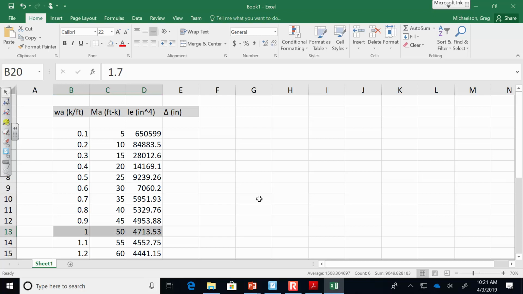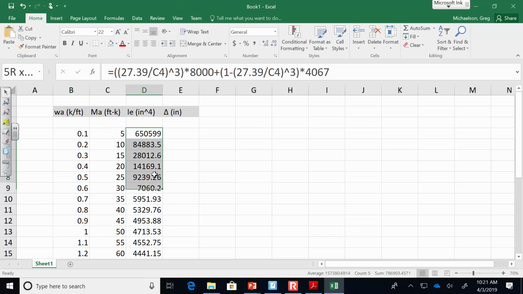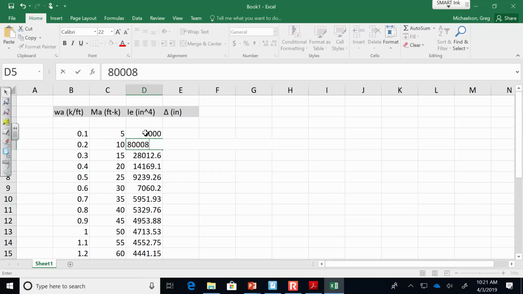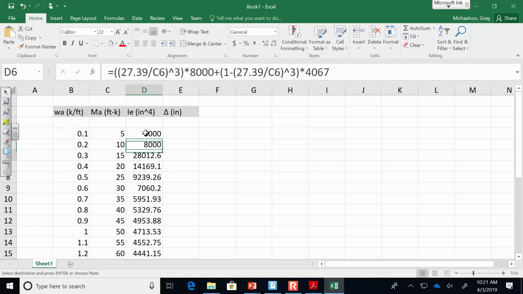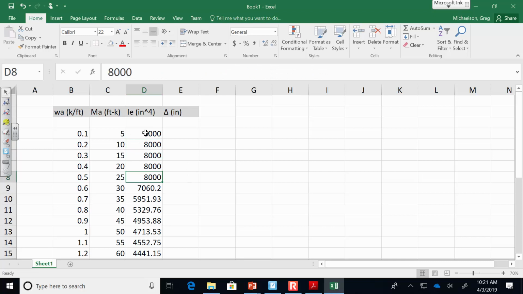So a way of fixing that from a plot standpoint or from a calculation standpoint is anything that's bigger than 8,000, just say 8,000. So any of these are going to be ones where the beam doesn't crack because the moments are really tiny. Sound good? But that's not really going to matter here in a second.